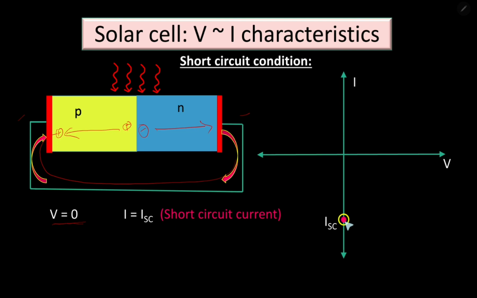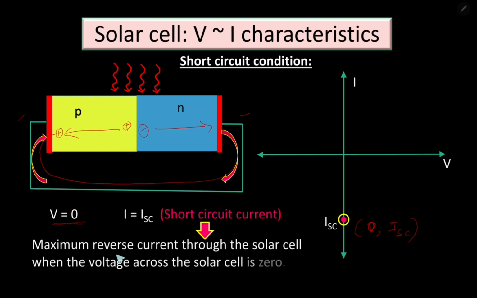This is V equals 0, I equals ISC. So this point is 0, ISC. So the short circuit current can be defined as the maximum reverse current flowing through the solar cell or the illuminated junction when the voltage across the solar cell is 0.